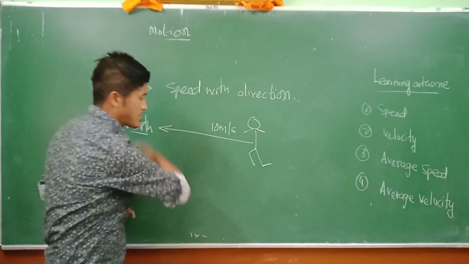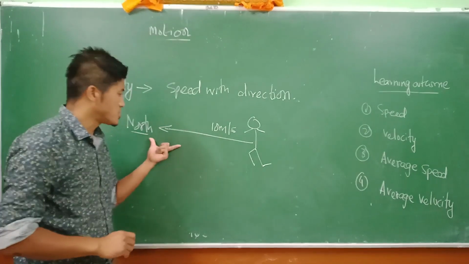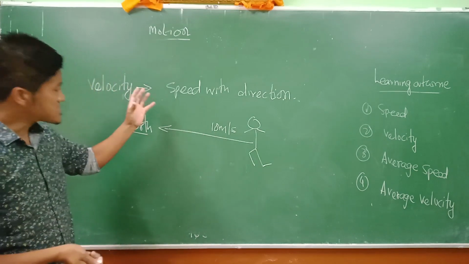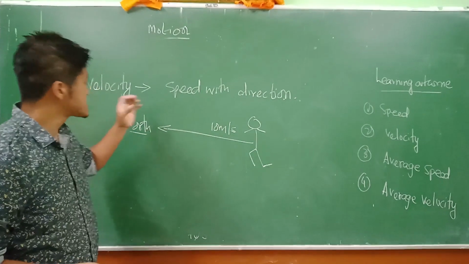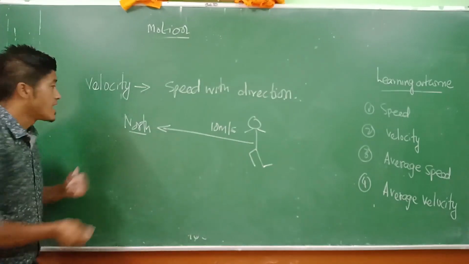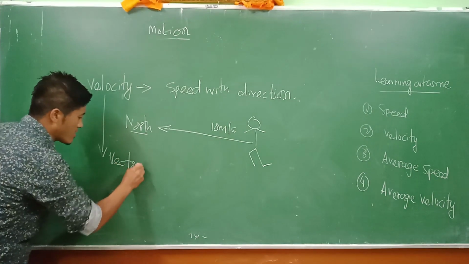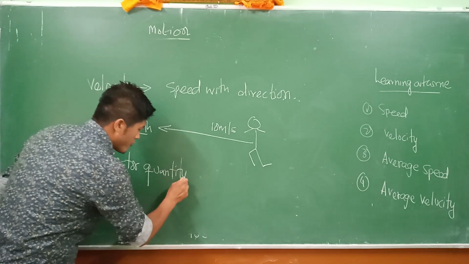Now this is the velocity, because in that case I am showing you a direction also, and I am showing you a magnitude also. So those kind of speed where we can see both direction and magnitude, we call velocity, and velocity belongs to vector quantity. We have discussed vector quantity before.